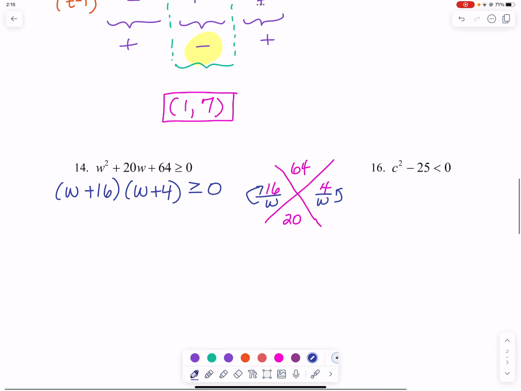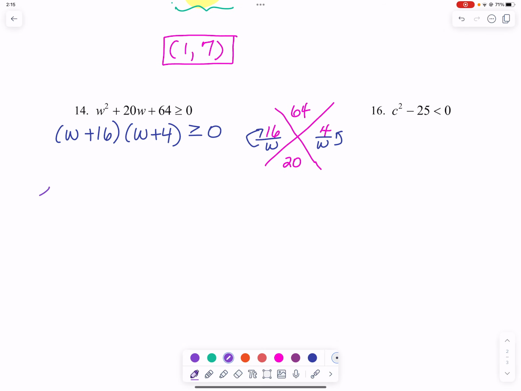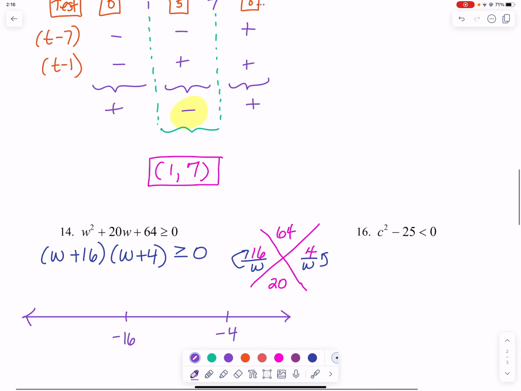Let's go ahead and make our sign chart. And this time we have a negative 4. Oops, let me move that over because that's where I do my testing. And we need a negative 16 before that. As long as they're in the correct order, that's all that matters.